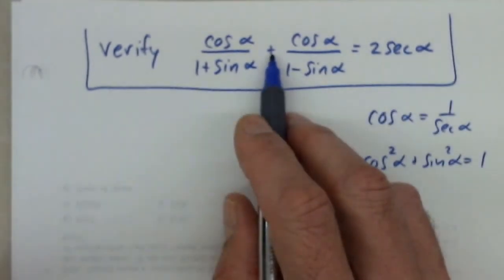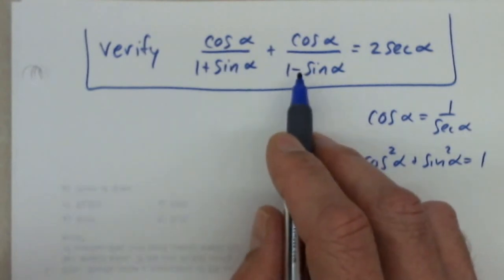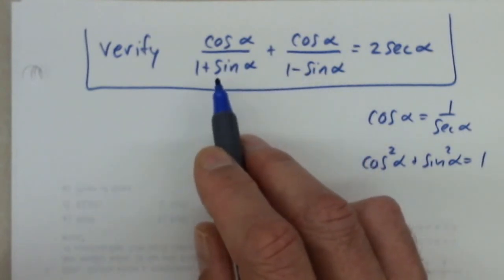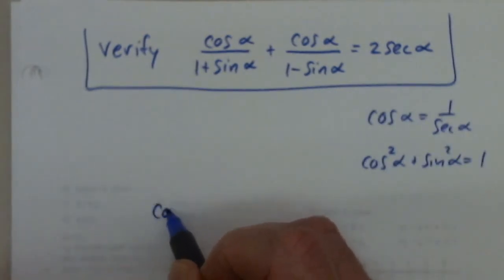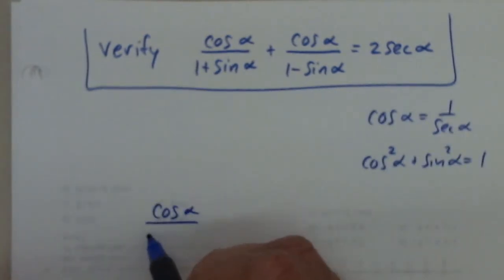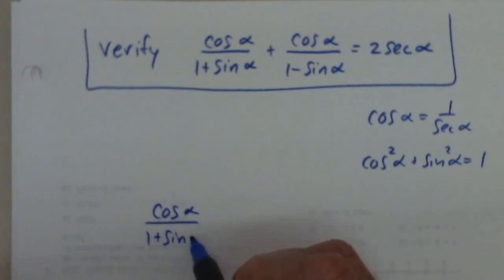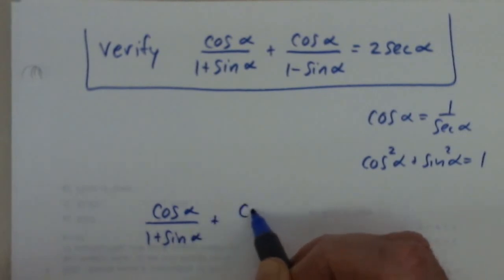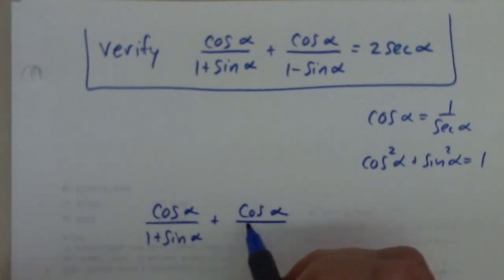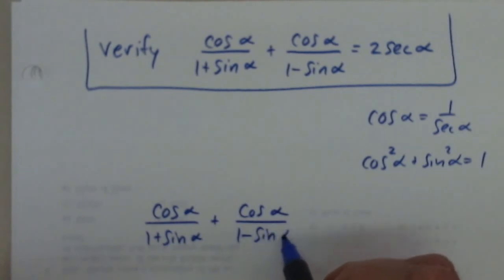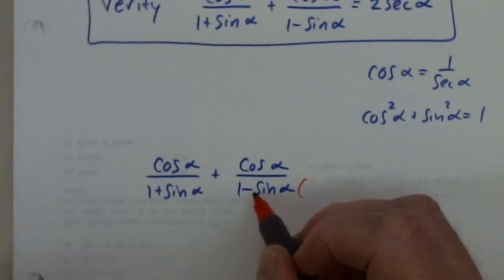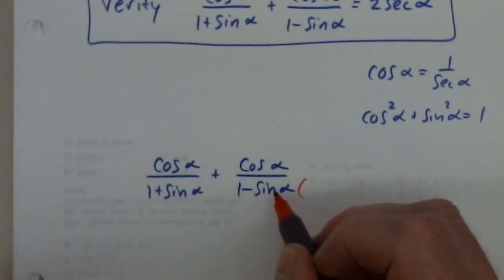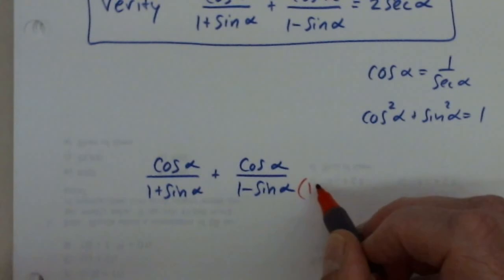So we have the addition of two rational expressions, and we're going to need a common denominator. And we need to multiply to get a common denominator. So we have to multiply this side by this.